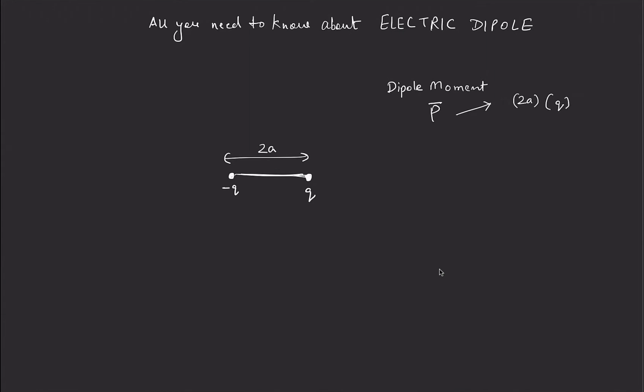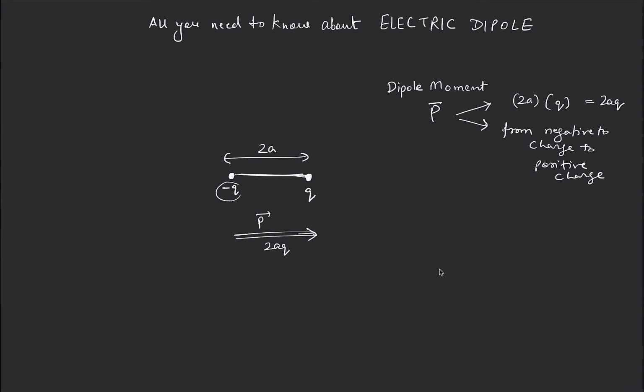So basically the magnitude of this vector is 2aq, and the direction of this vector is from negative charge to positive charge. So p vector is this vector whose magnitude is 2aq and direction is from negative charge towards the positive charge.